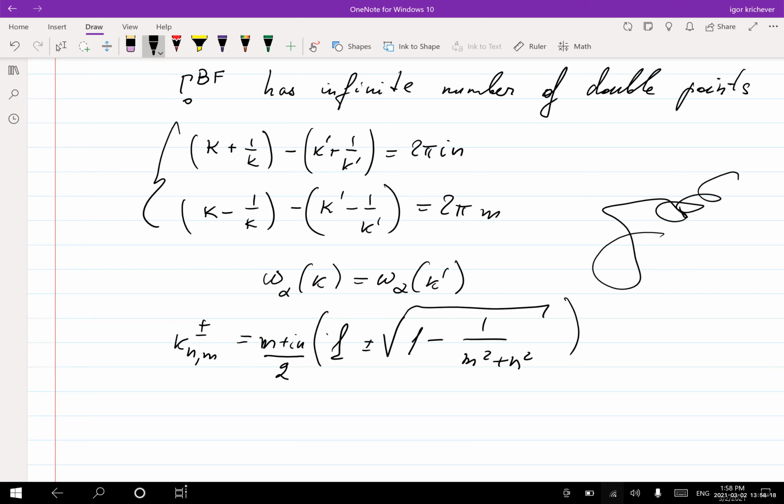And for a different choice of a sign, you have another sequence of points. So the limiting points are k equals 0 and infinity. So there are two sequences of points indexed by pairs of integers that are preimages of double points of the Bloch-Floquet set.